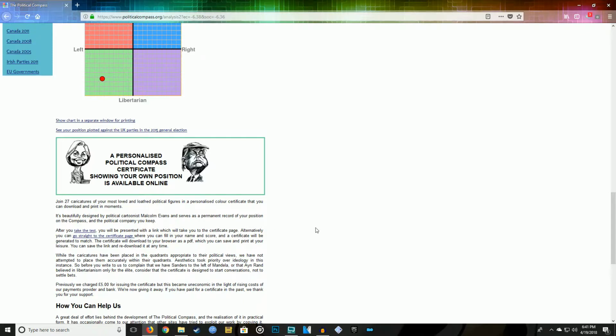Alternatively, you can go straight to the certificate page where you can fill in your name and score, and a certificate will be generated to match. The certificate will download to your browser as a PDF, which you can save and print at your leisure. You can save the link and re-download it at any time.